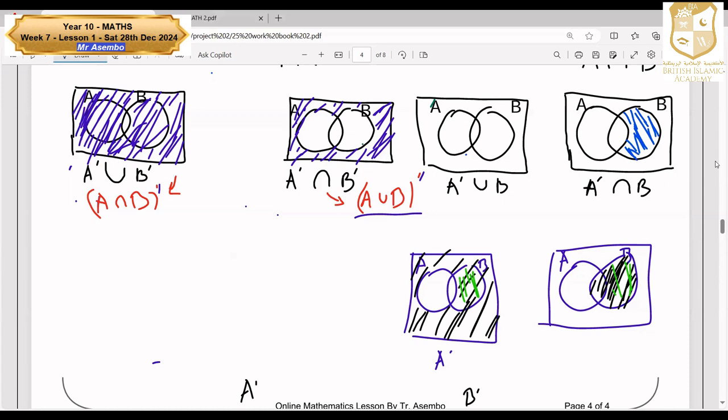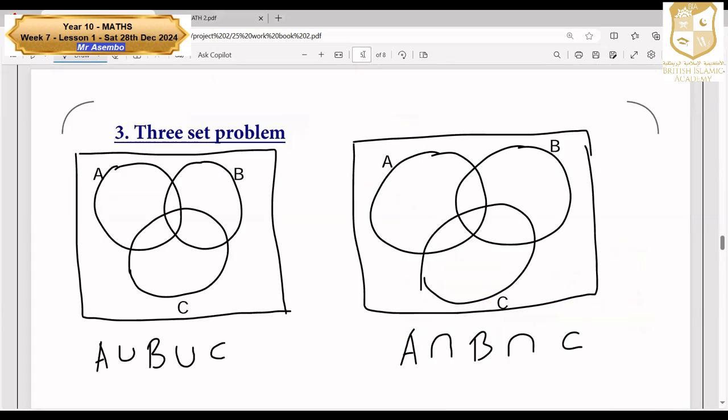Remember, always when it comes to intersection, it's good practice to draw it separately and then check by inspection which part is appearing on both sides. Now, let's look at the three-set problem. How do you shade the three-set problem? A quick one: A union B union C. Union is everything that is in A, in B, and in C, combining all of them.